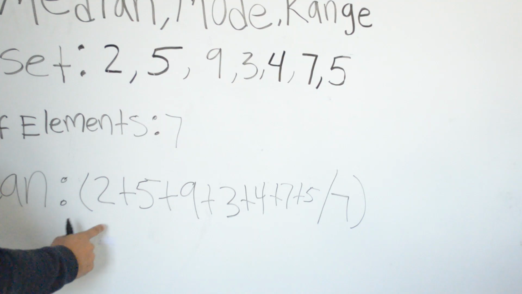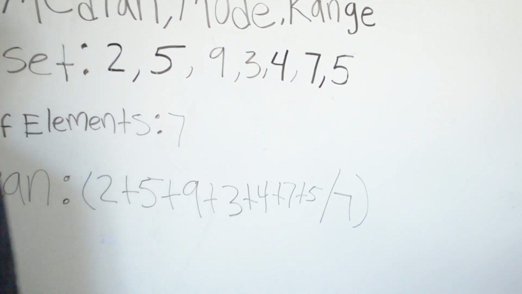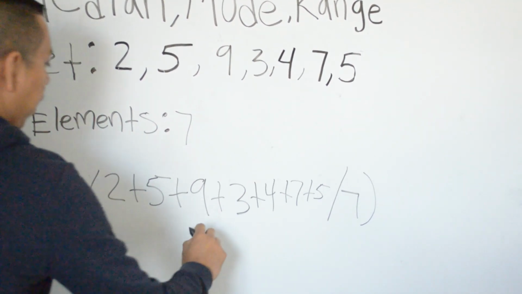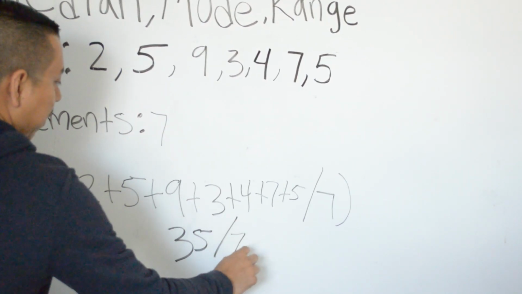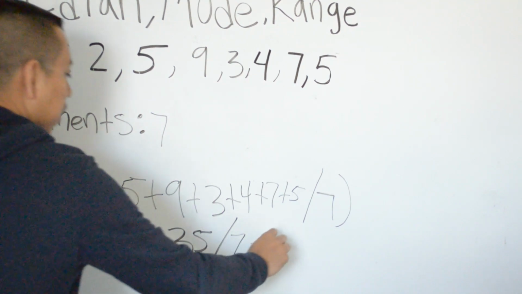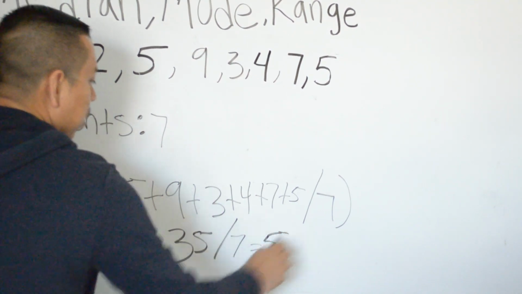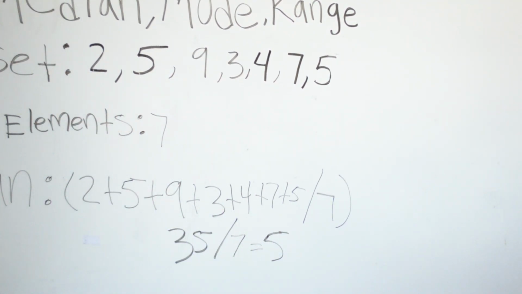When you add up all these numbers here, you are going to have 35. 35 divided by 7 equals 5. So that is going to be your mean.